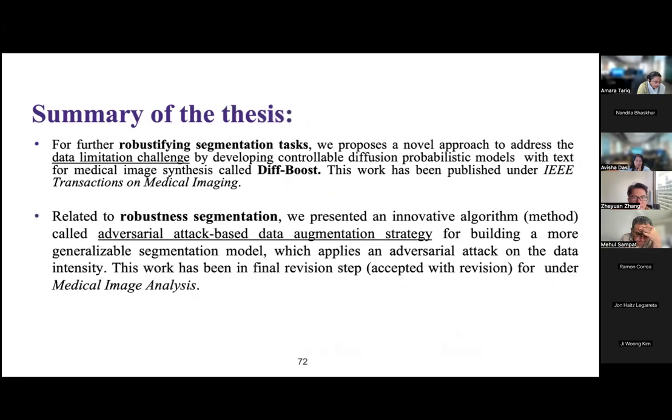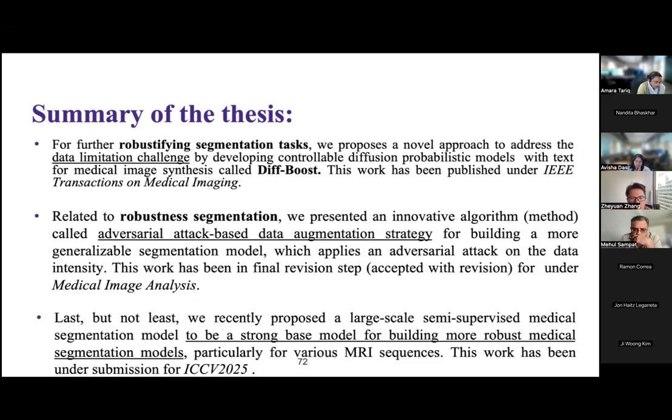And we propose a DiffBoost method, utilizing controllable diffusion methods for data augmentation, and one adversarial attacking method to enhance robustness. In the last method, we propose a large-scale semi-supervised medical segmentation method, and this is a strong base model for building more robust medical segmentation models.